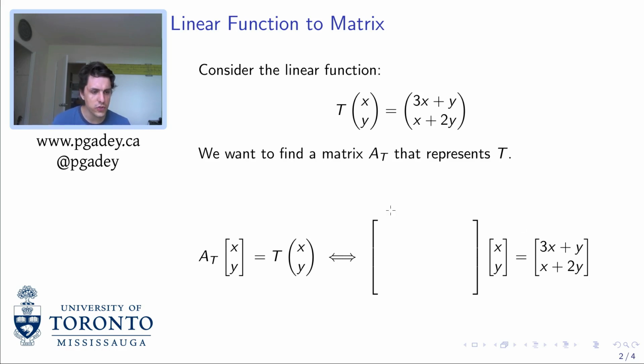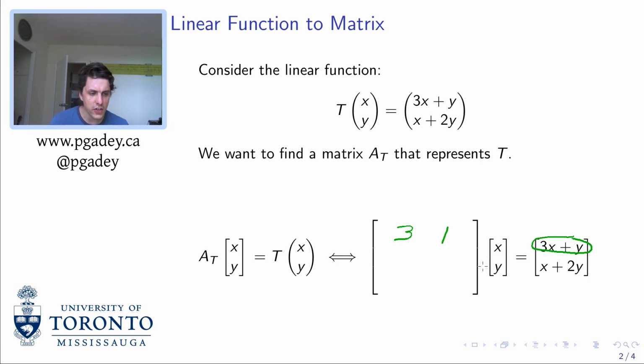So let's look at this first row. When we plug in the vector xy and multiply it by this matrix, we want to get 3x plus y. So we need to put a 3 here and a 1 here so that the 3 multiplies on the x and the 1 multiplies on the y to give us 3x plus y.